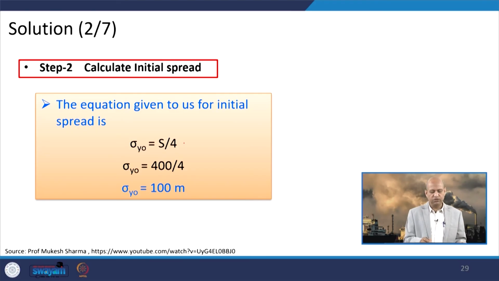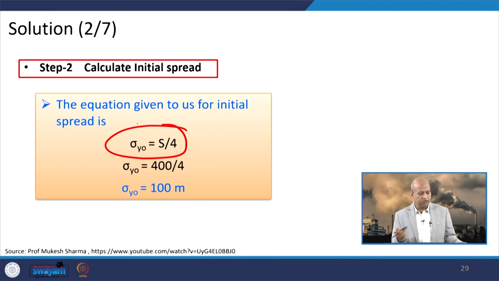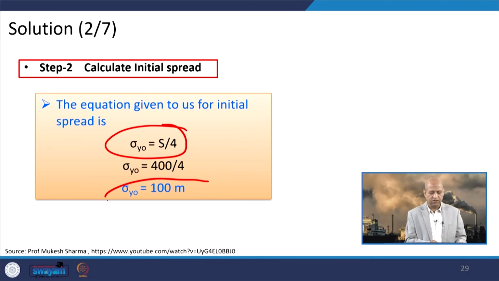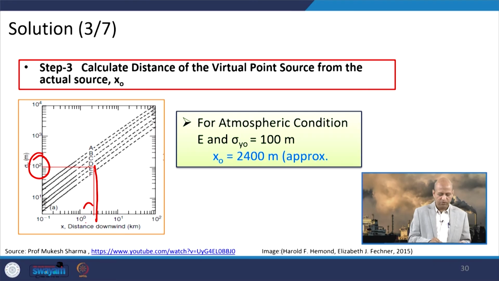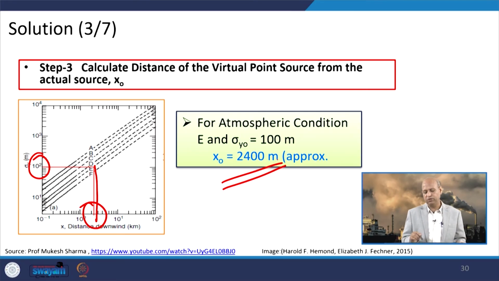So, sigma y 0 is s by 4, this relationship we already know, as 400 meter is given. So, 100 meter is the sigma y 0. For sigma y 0, now we need to calculate the x value. So, for sigma y 0 you go to the stability classification curve. E stability classification is given, come to the E, go down, you get this x value, which is around 2400 meter.